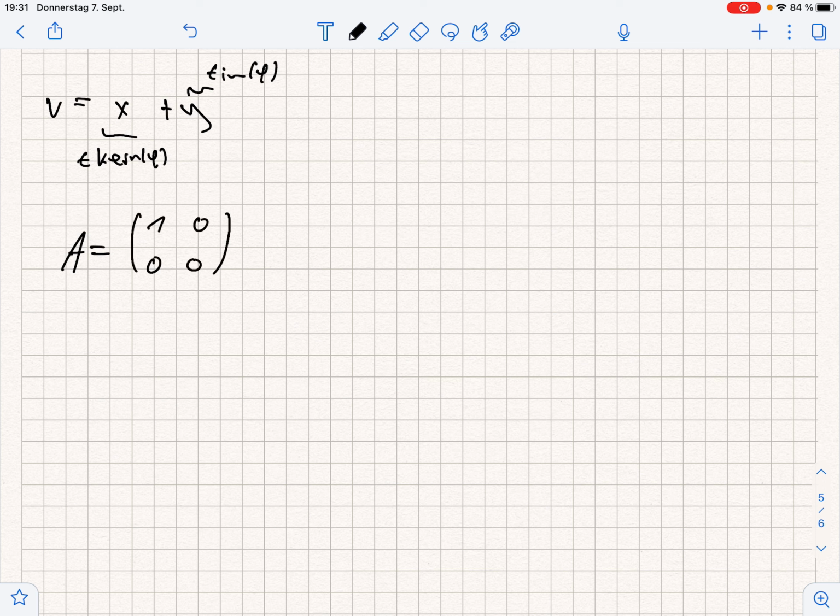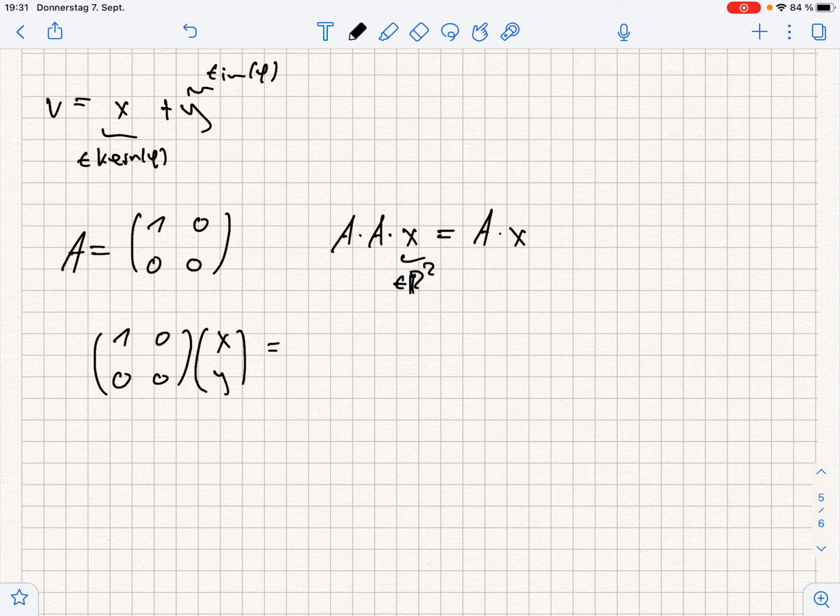Then you can see that A times A times x is the same as A times x if you plug in any vector x in R2, okay? We can calculate this. Let's call the vector (x, y), right?